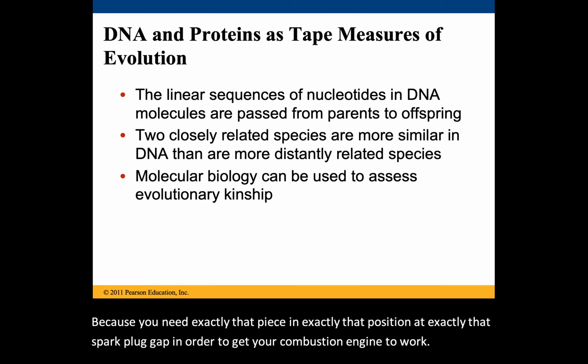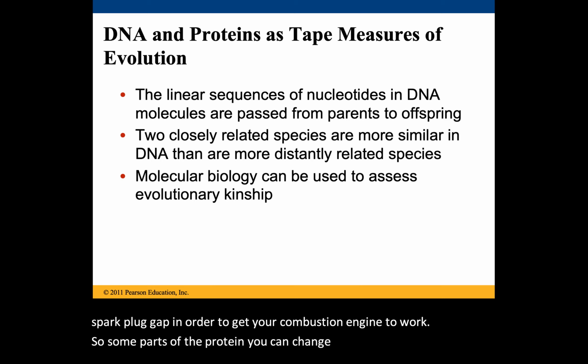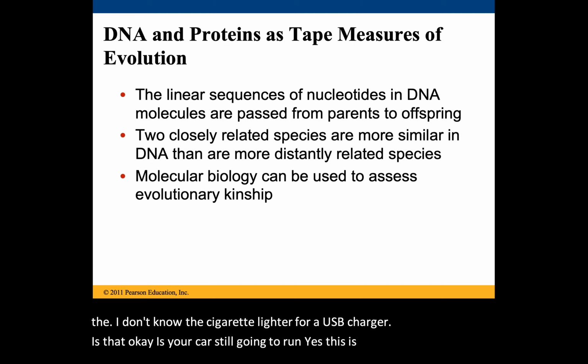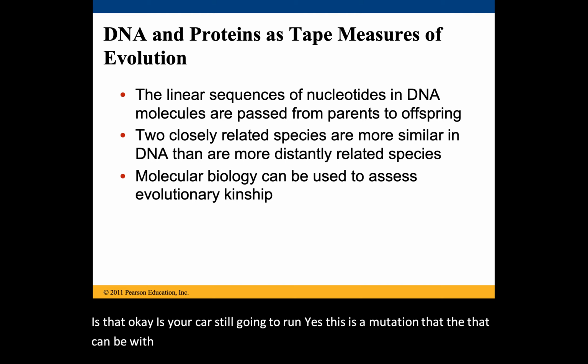So some parts of the protein you can change, though. So imagine you change the cigarette lighter for a USB charger. Is that okay? Is your car still going to run? Yes, this is a mutation that can be withstood. And so the things in a protein that can change generally will change over time.